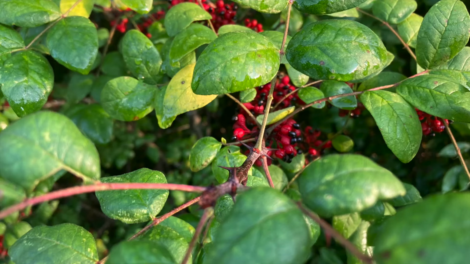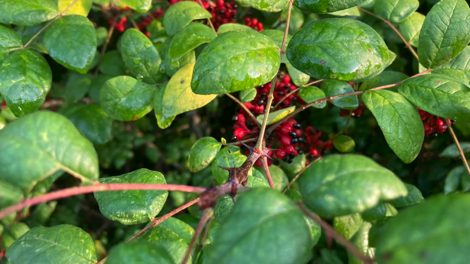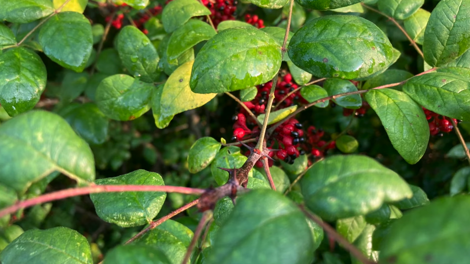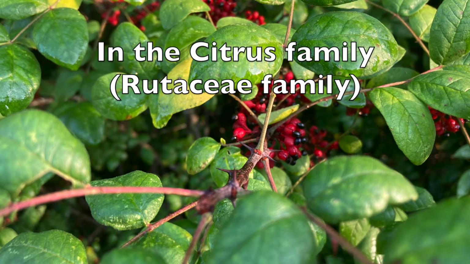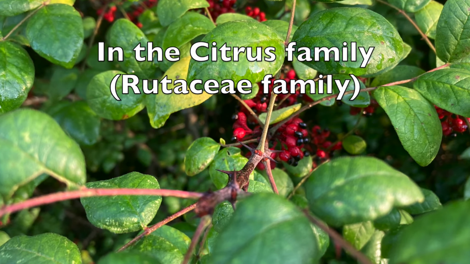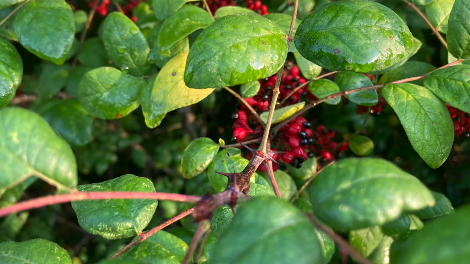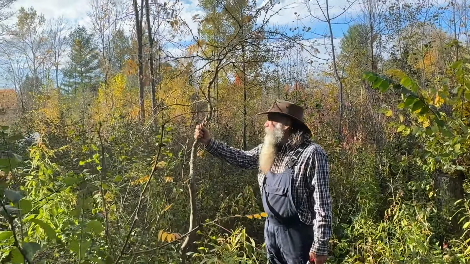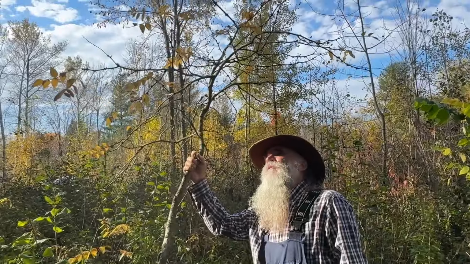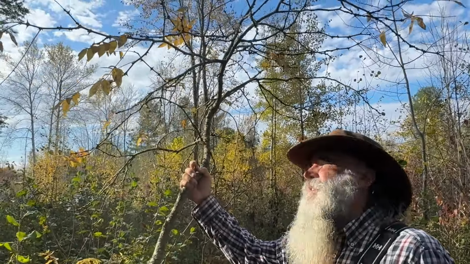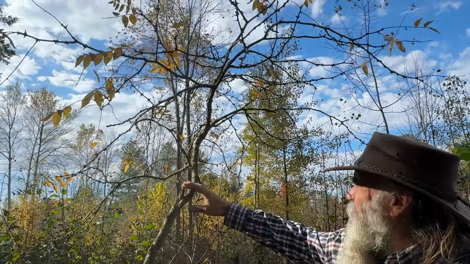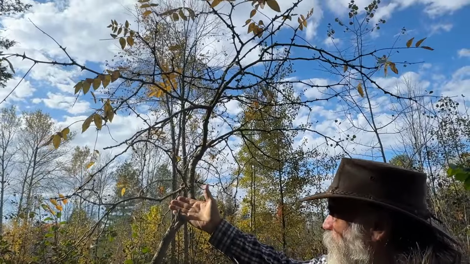I really like it. What's really interesting about this tree is that it is in the citrus family, the Rutaceae family, the only tree that grows native in the wild in Canada that's in the citrus family. It can be worked into a type of bonsai. Now this one, it's got a broken branch.